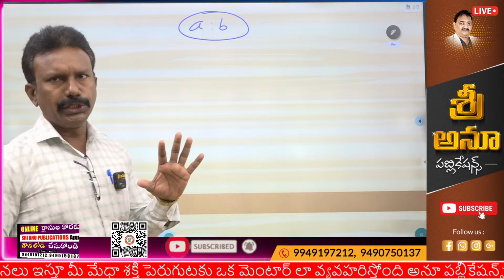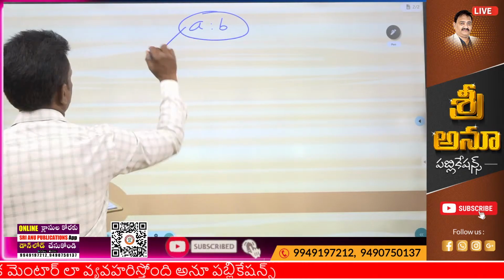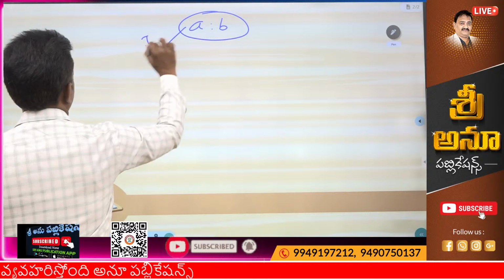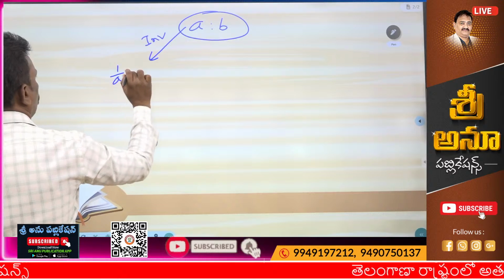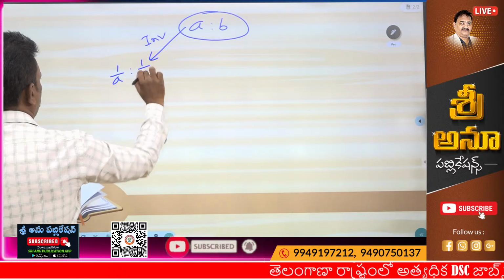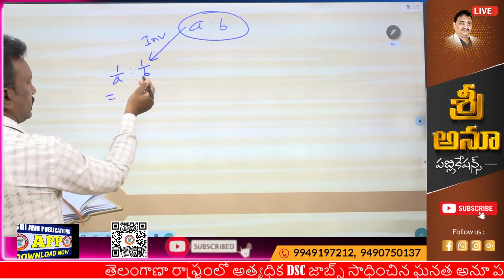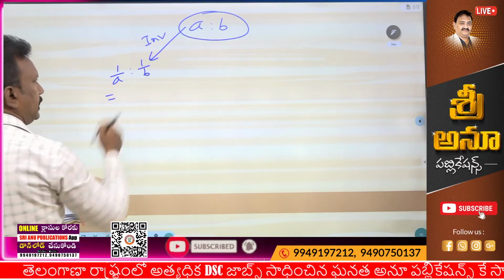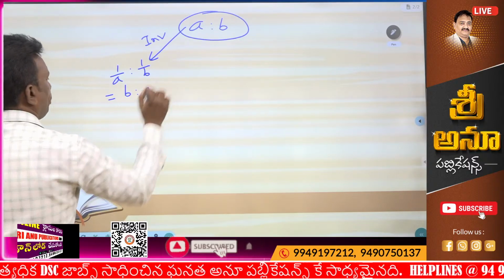The first one is inverse ratio. Inverse ratio is defined as 1 by A is to 1 by B. With cross multiplication, 1 into B and A into 1, this is equal to B is to A.